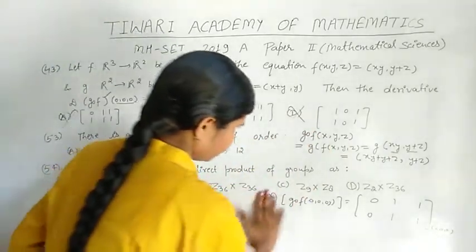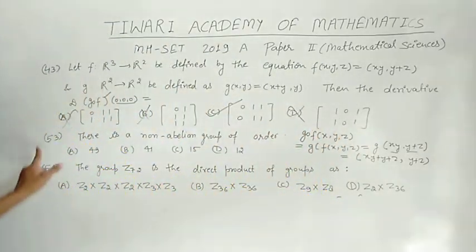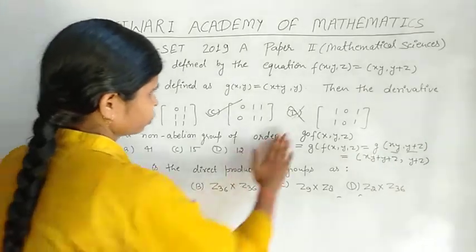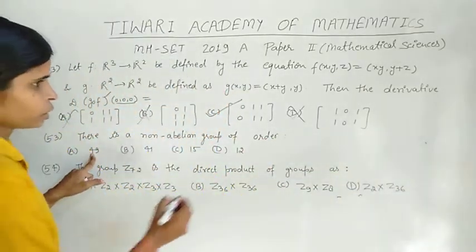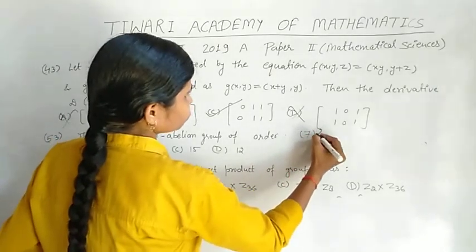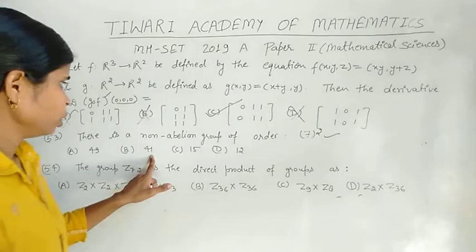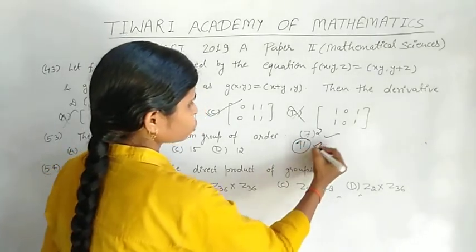Okay, next we move on to question 53. There is a non-abelian group of order 49. This is a prime raised to power 2; it always has an abelian group. If the group order is 41, then it is also a prime number.